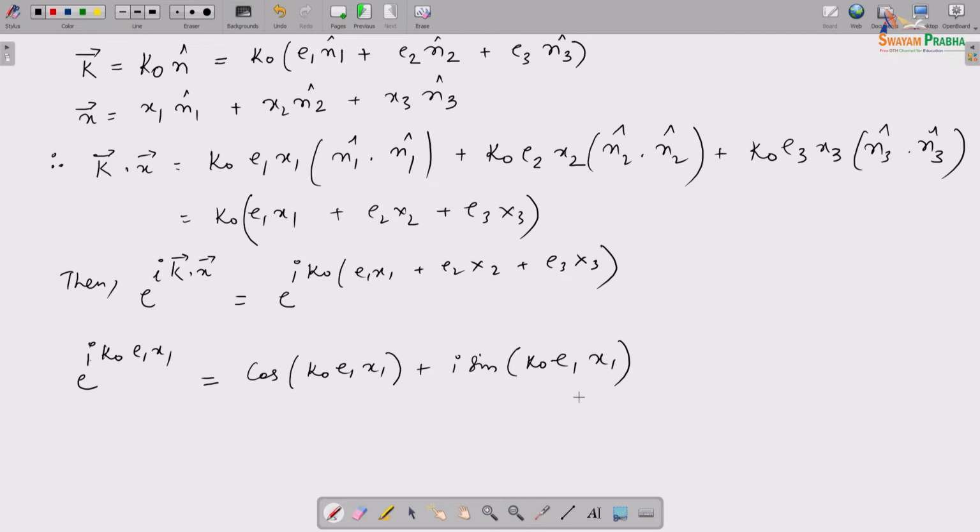So we can write that, right? Similarly, you see where I'm going from here. So e to the power i k naught E2 x2 is equal to cos of k naught E2 x2 plus i sine k naught E2 x2, right?